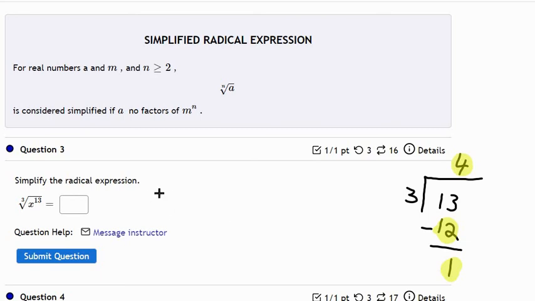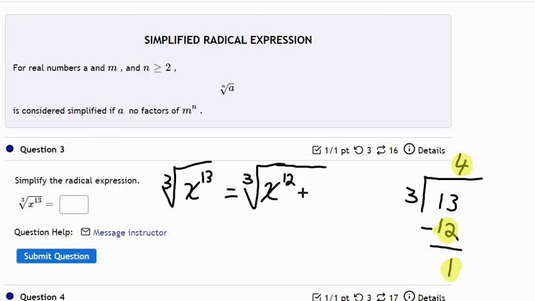All right, so first thing I want to do is split this up. I'm going to take the cube root of x to the 13th and break it up into the cube root of x to the 12th times the cube root of x, or just x to the first.